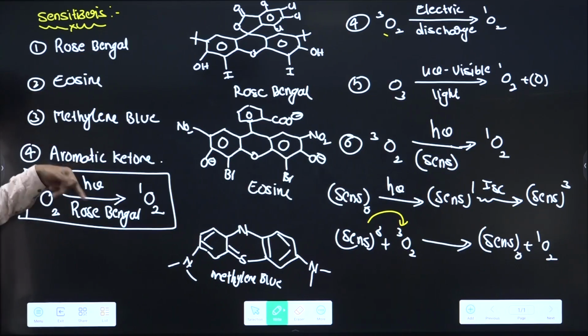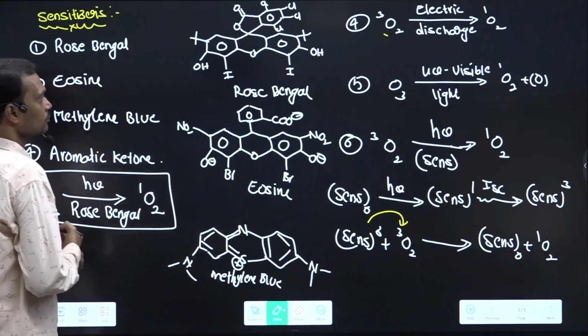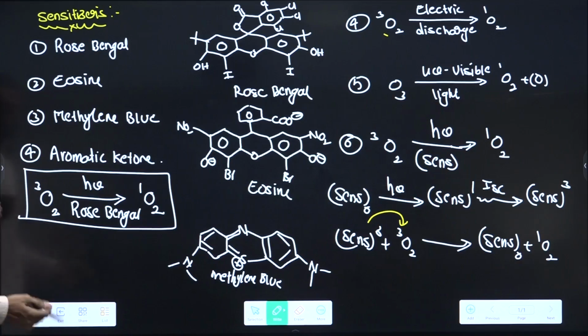Aromatic ketones means very well known: benzophenone, acetophenone, like that. Nitrogen with 2 methyls.